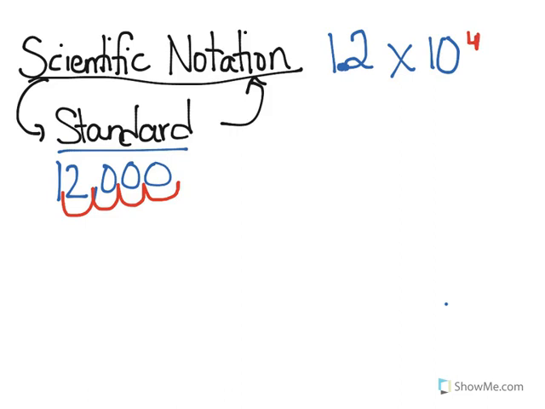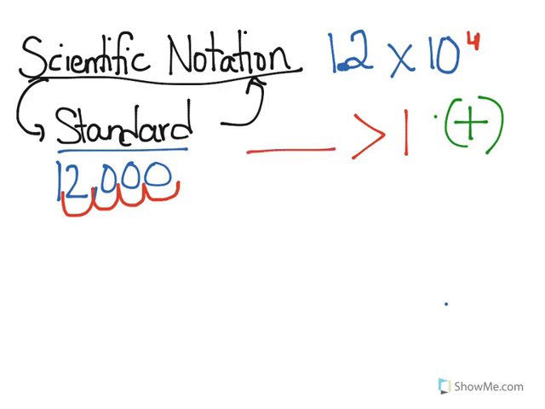But this is where it gets a little tricky. Am I looking at a negative 4 or a positive 4? Well, the rule of thumb is: is 12,000 greater than 1? If it's greater than 1, then it's going to be positive.